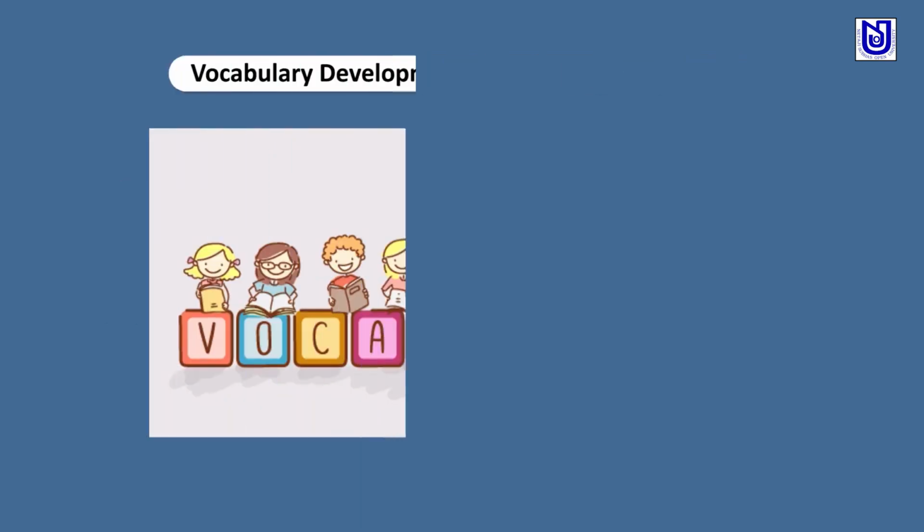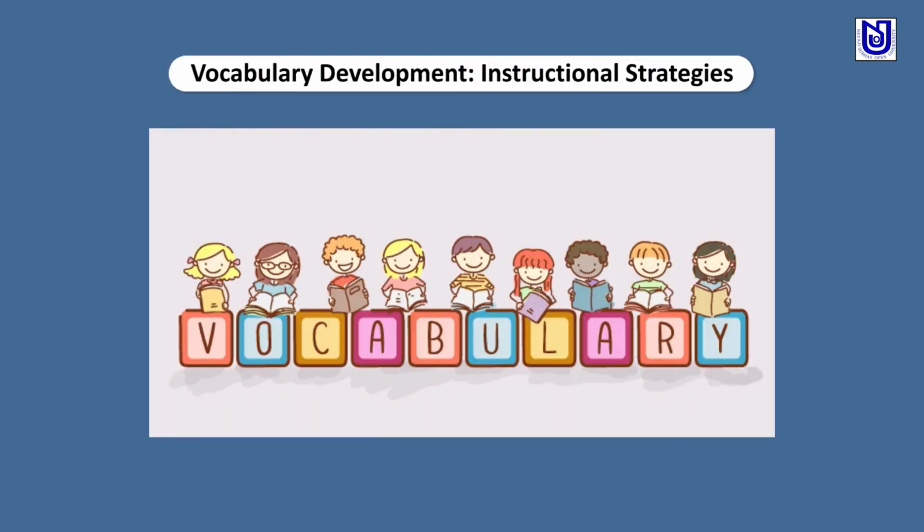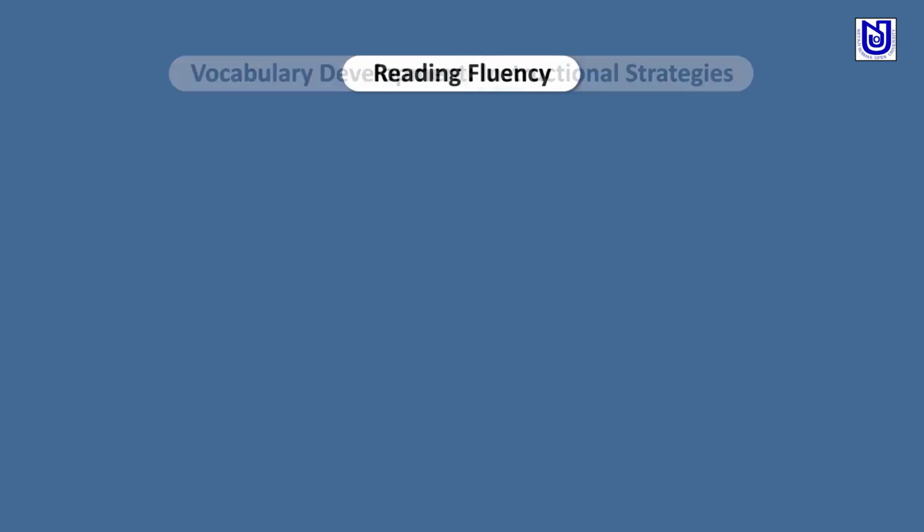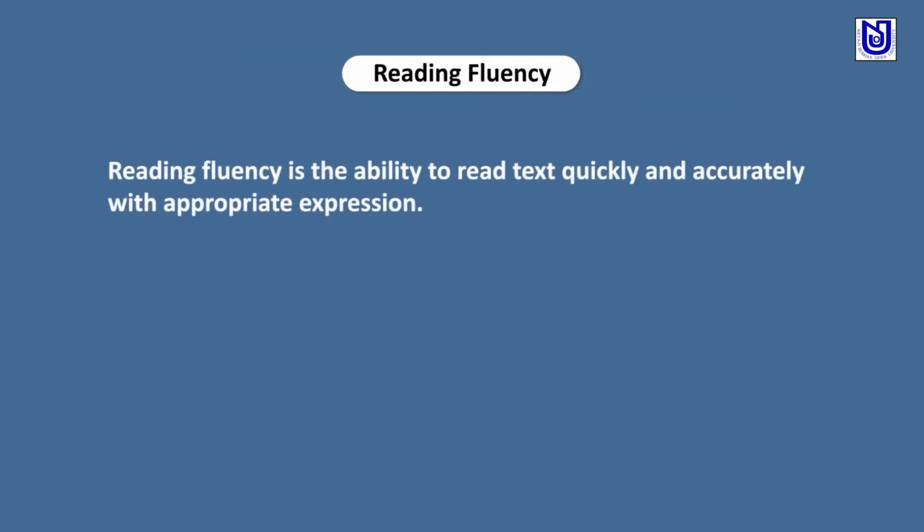Now, for vocabulary development also, what kind of strategies can we use? We use materials above students' reading level. Then we can elaborate on reading fluency, when we are concentrating on how to develop reading fluency in children.